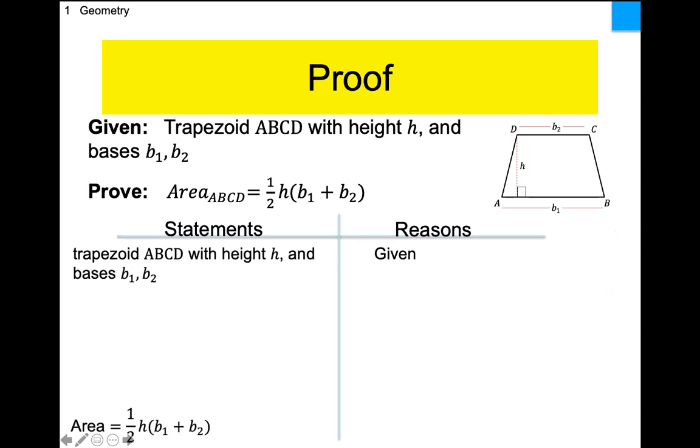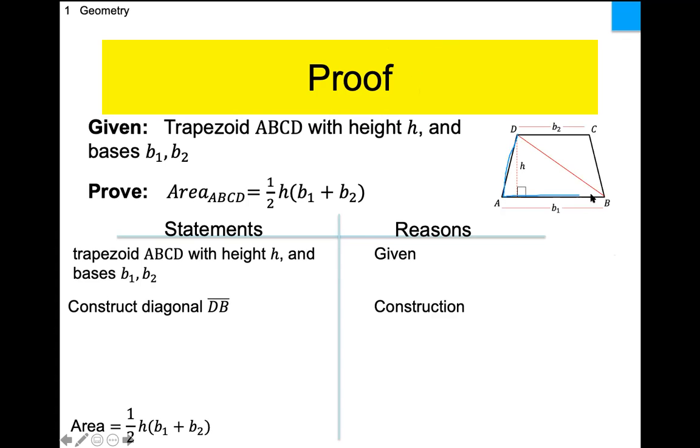All right, here's what we're going to do. We are going to cut our trapezoid, not necessarily in half, but we're going to make a diagonal. So I'm going to make that diagonal right there. Okay, so let's cut that from D to B. So that's just a basic construction. All right, we made that, and clearly with that diagonal, we have made two triangles.